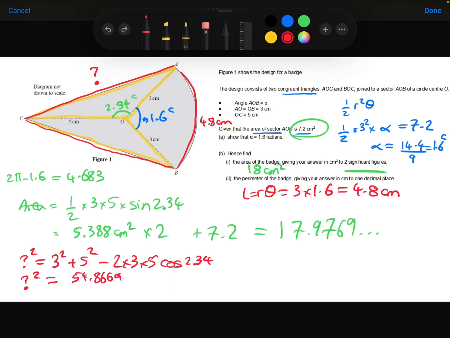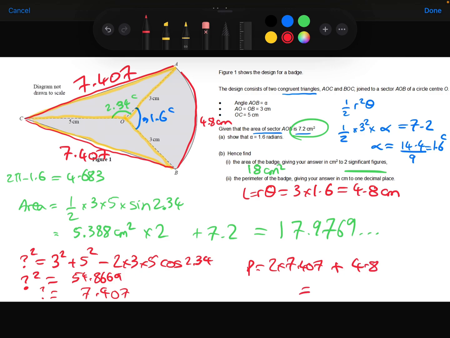Then if I square root to work out the actual length, then we get 7.407, which means this is also 7.407, and therefore the perimeter is 2 lots of the 7.407 plus the 4.8, which gives, to one decimal place, 19.6 centimetres.